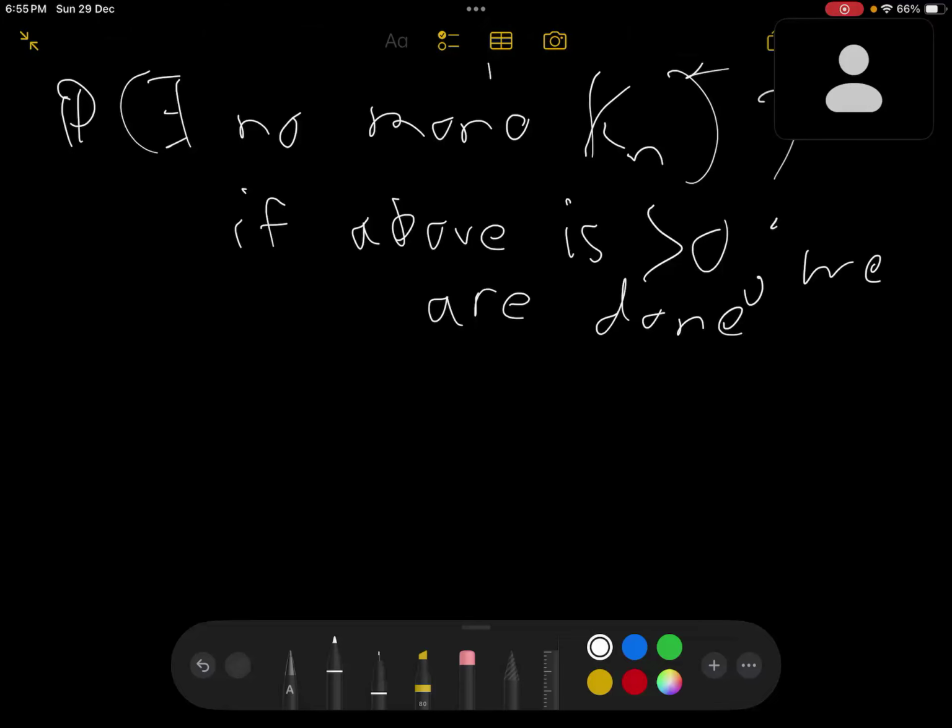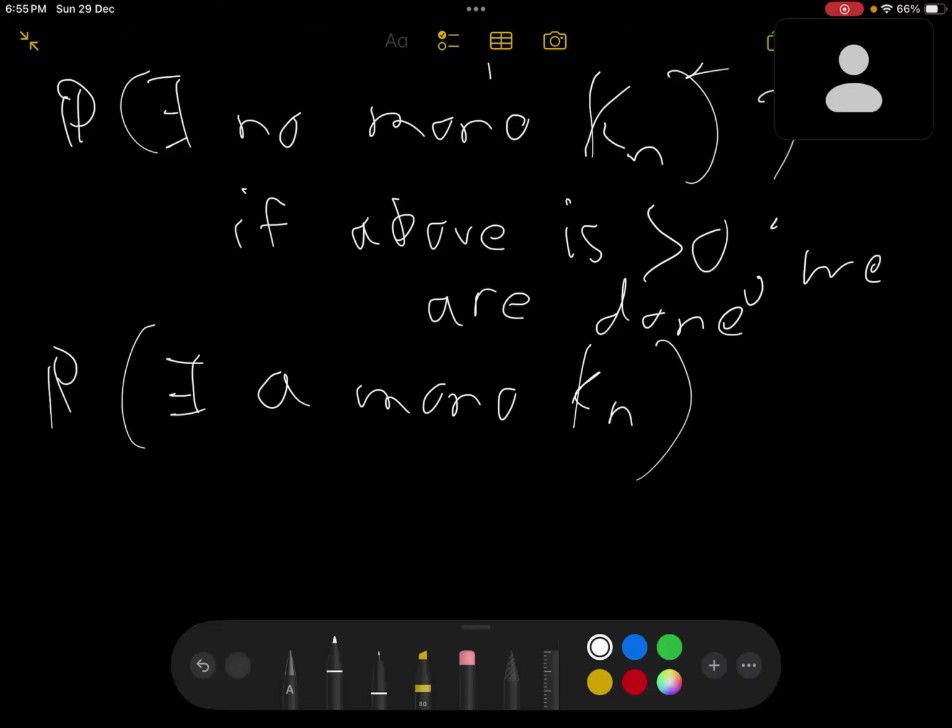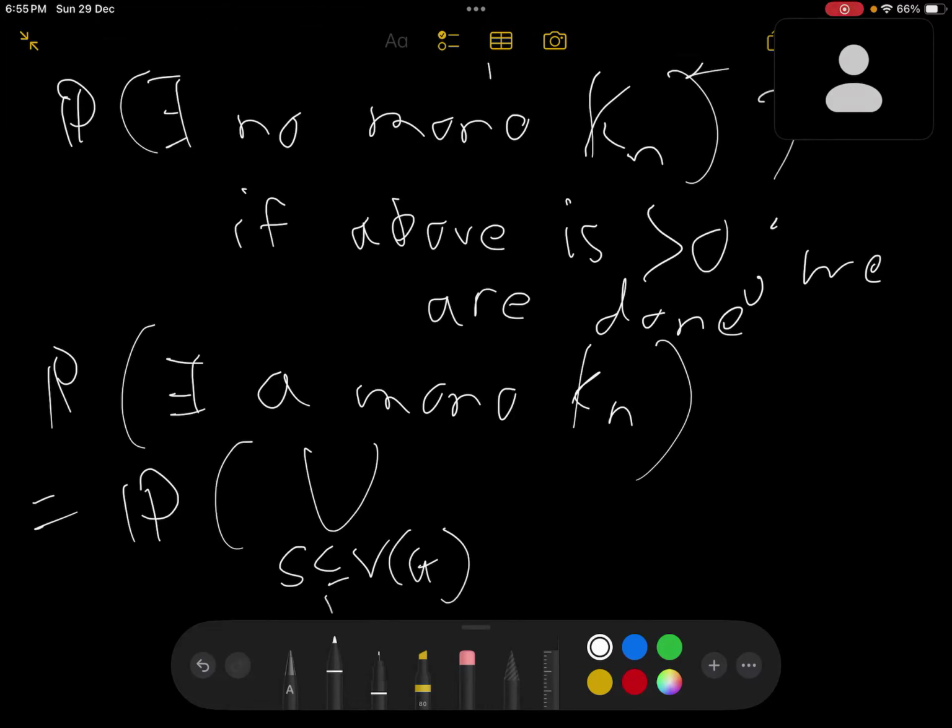So instead of considering this exact probability, we look at the probability that there exists a monochromatic gain. And I'll rewrite this probability as a union of events: the union over S a subset of Vg with size |S| equal to n, of the event that S is monochromatic.